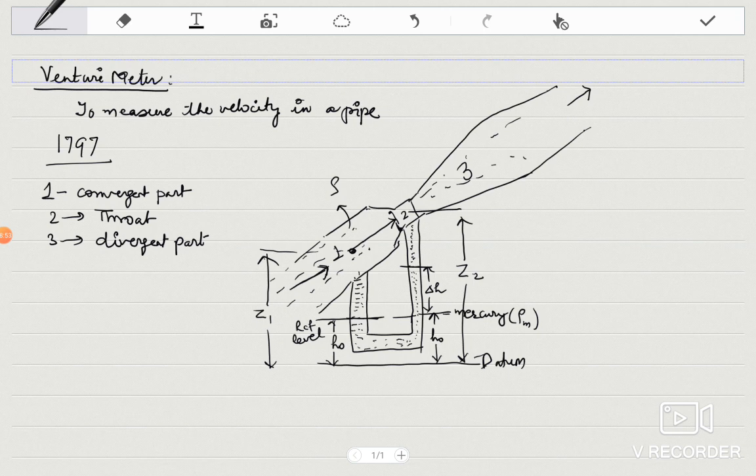Now we look at Bernoulli's equation along a stream from point 1 to point 2.